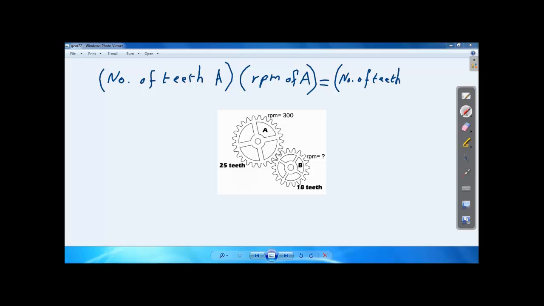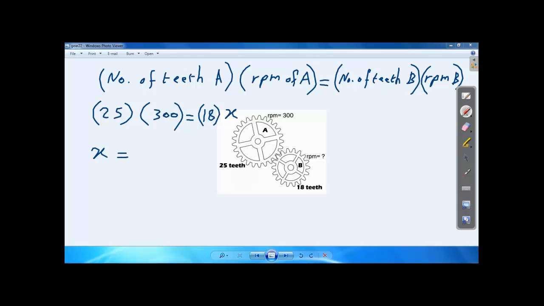So number of teeth for gear A multiplied by the RPM of gear A must be equal to number of teeth for B times RPM of gear B. Let us substitute numbers in this relation. 25 multiplied by 300 is equal to 18 multiplied by x.